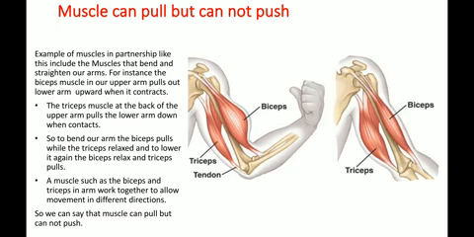You see the figure here, you can easily understand the mechanism of the muscle functions. Muscles such as biceps and triceps in the arm work together to allow movement in different directions. So we can say that the muscle can pull but cannot push.